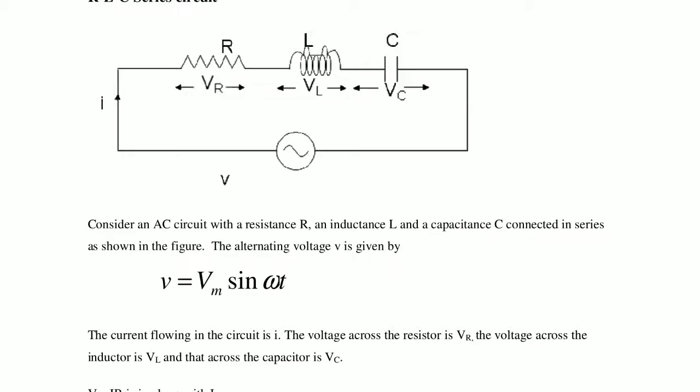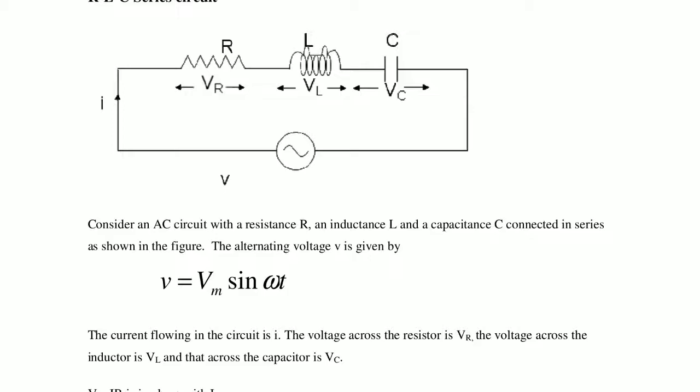Why? L is the inductance, it is in henry, not in ohms. So we can write VL, the voltage drop across the inductor, is equal to I into XL. XL is the inductive reactance.